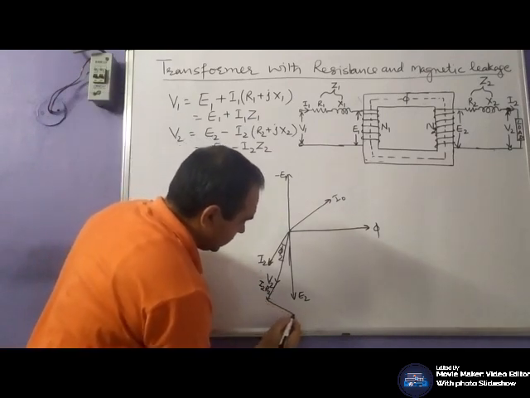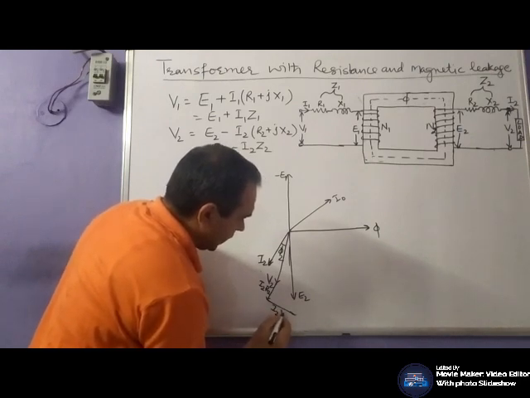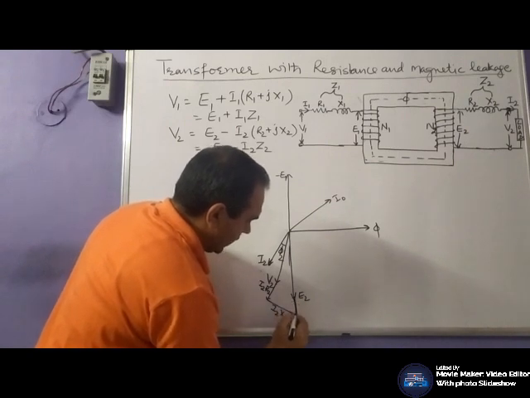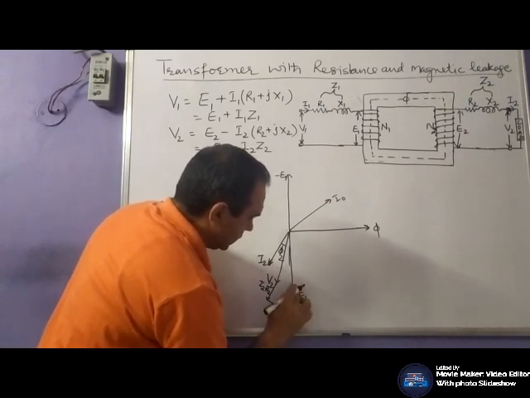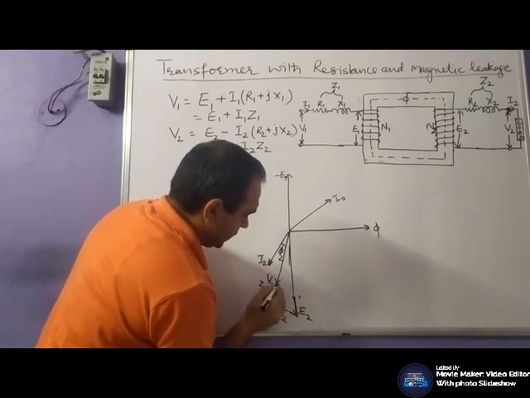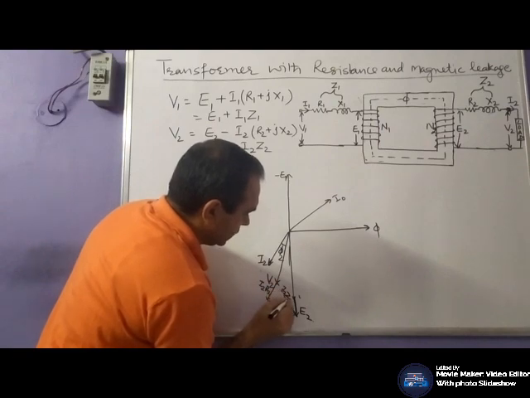Let this be the 90 degree representation denoted by I2 X2, and this will be the E2, and this will be the I2 Z2.